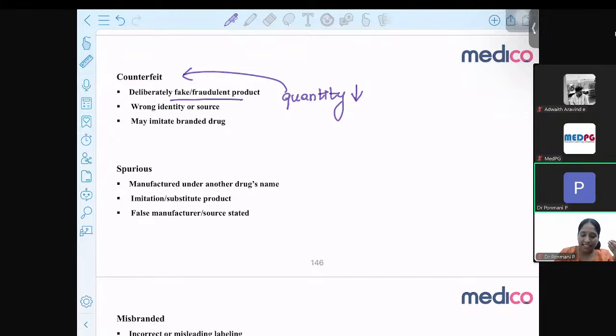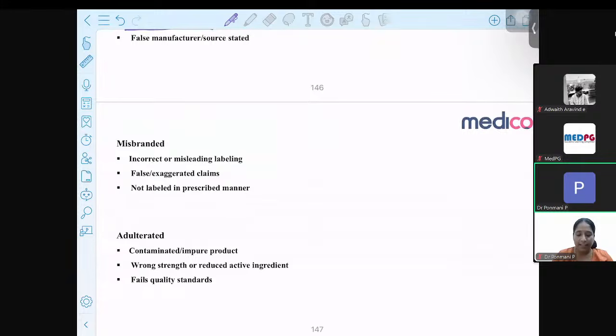A spurious drug is an imitation or a substitute product, that is, it is manufactured under another drug name. What is a misbranded drug? Misbranded means it will have a false claim or misleading labeling.